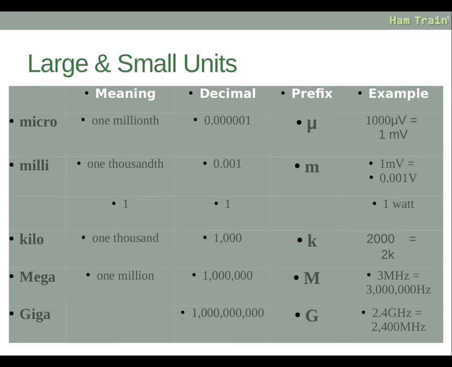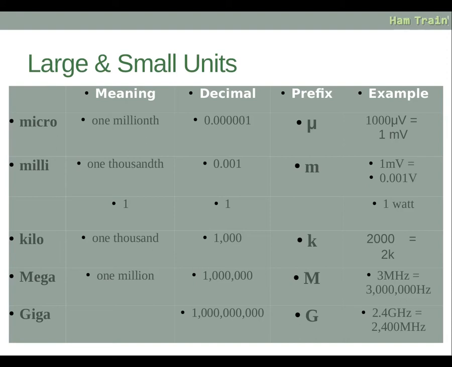The prefix is a mu symbol, which is like a U with a long leg on the left hand side, and an example is 1000 microvolts, as you see there. We also have milli, which means one thousandth, which is in decimal 0.001.